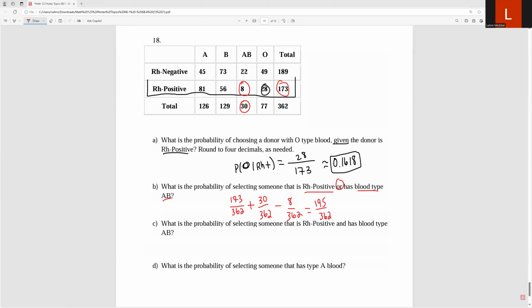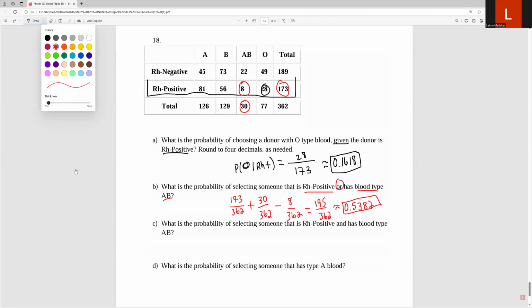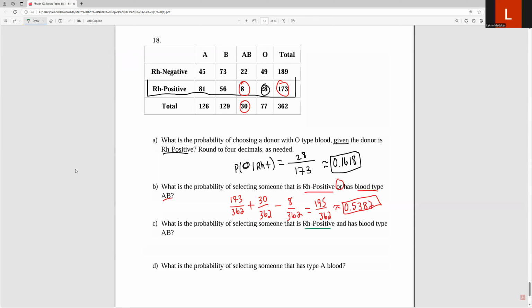That's going to be 0.5387. Okay. So there's my decimal for that. Again, that's like 54%. This was like a 16% chance. And now we're doing RH positive and AB. We kind of already did that as part of the last one because that's the overlap.